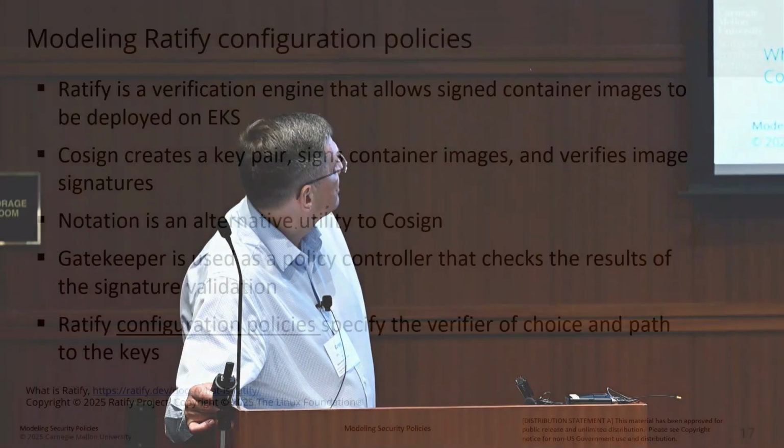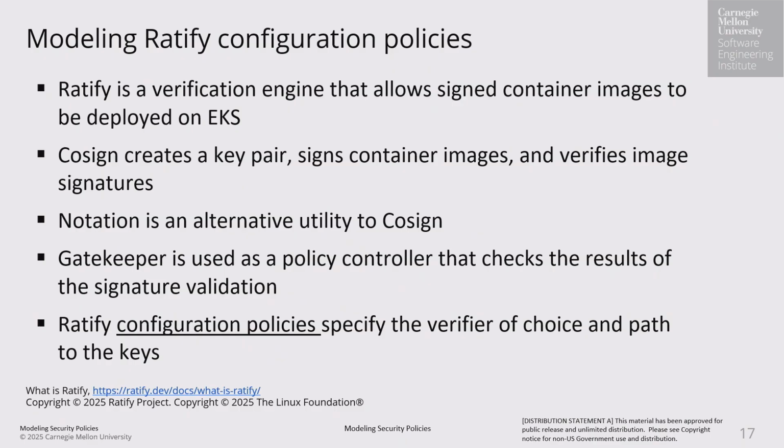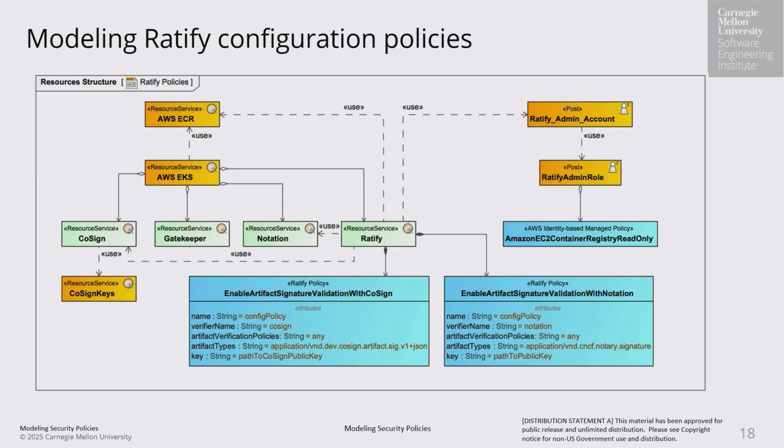Ratify, as I said, is used to verify signatures on the container images. And I will not go into details. If you're interested in the ways how Ratify is built and what it does, you could read that. They have a very good manual on the web. But Ratify policies prescribe which type of verifier is used, either cosign or notation, right?